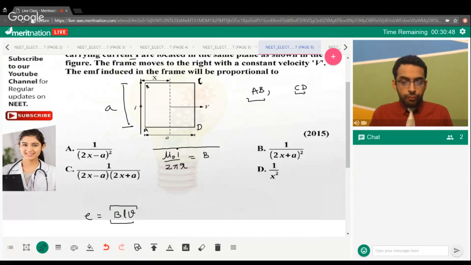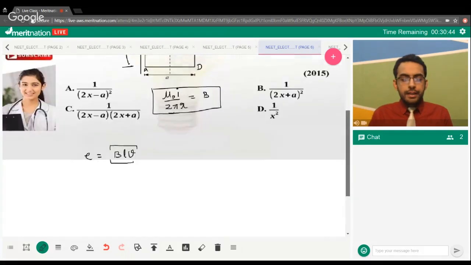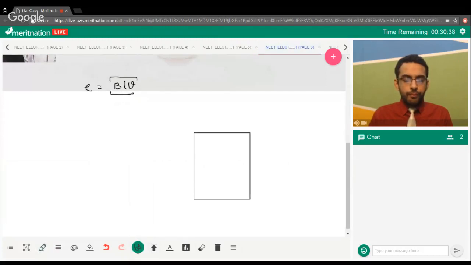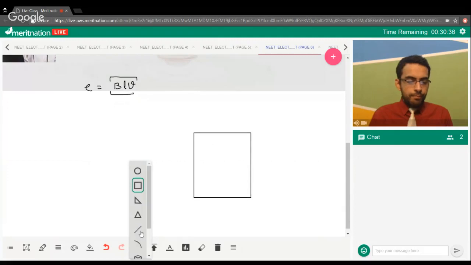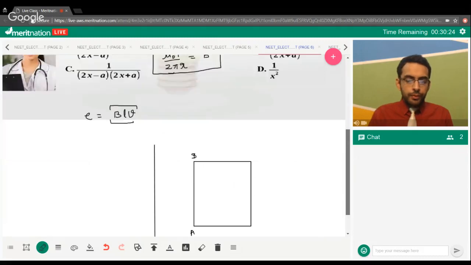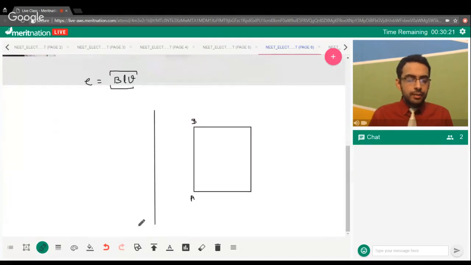If you want to find the magnetic field across AB, what is given over here? It is given that from the middle of this loop, the distance is x.